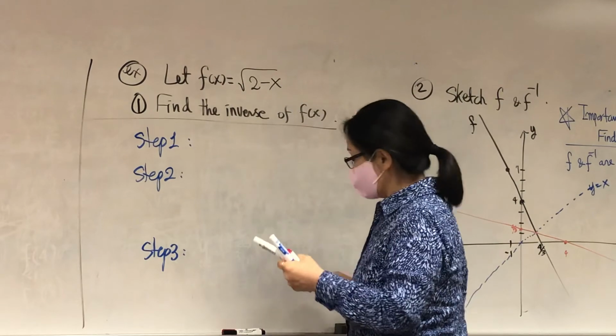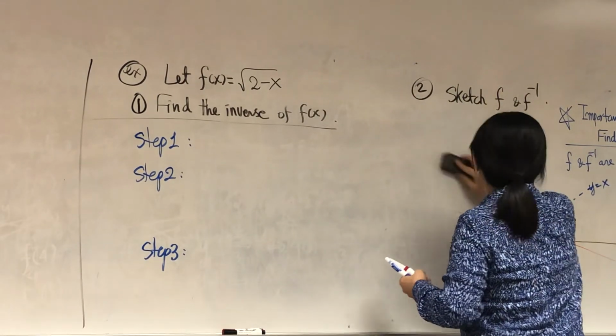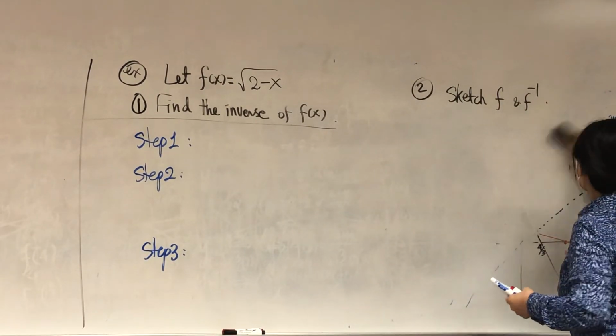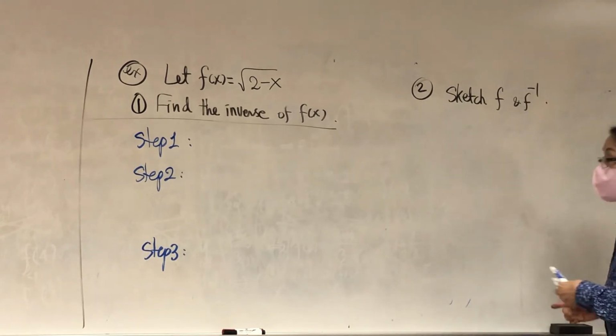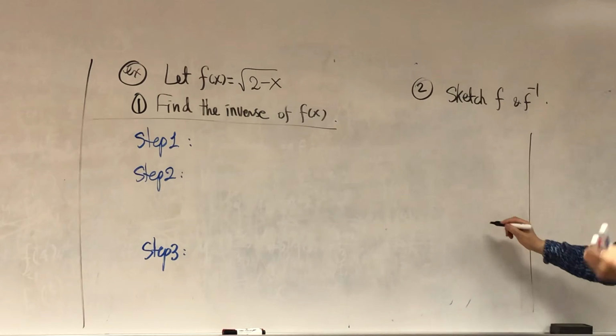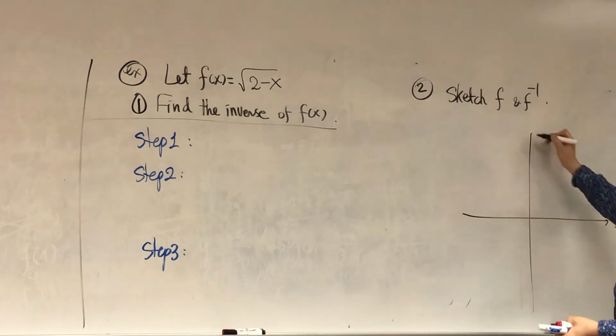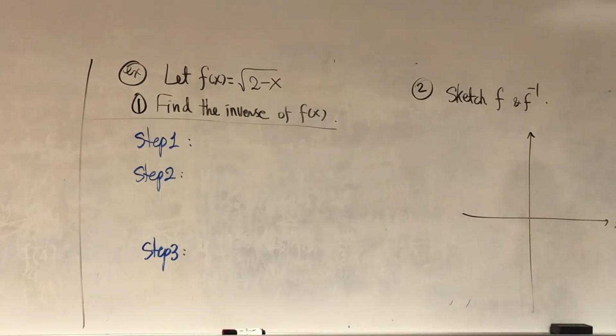What's the graph of this? Somebody answer. It's going off to the right. Where's the vertex? Where's the vertex? 2. 2 what?